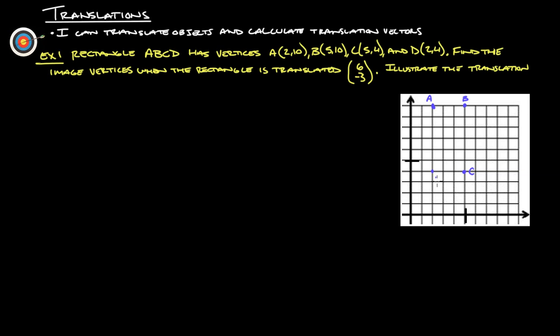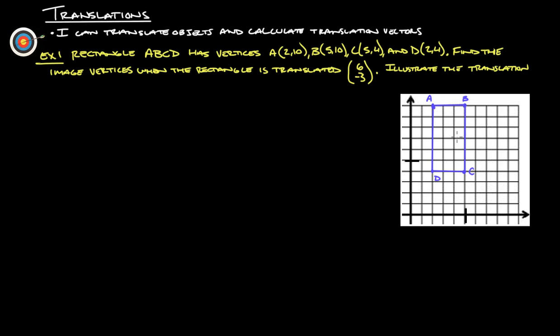So that's D. Okay, so it says find the image vertices when the rectangle is translated 6, -3, and then illustrate the translation. So first off, we have our points. Let's just draw in our rectangle here just so it looks a little nicer, because these 4 points make up a rectangle.